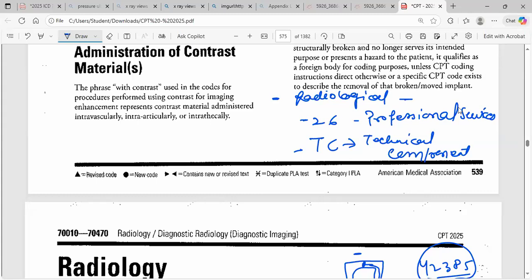So whenever there is any radiological procedure, there are two components of all radiological procedures, professional services and the technical component. Let's say there is an X-ray. One person who is the lab technician is providing the technical component, providing his or her machine to do the X-rays.